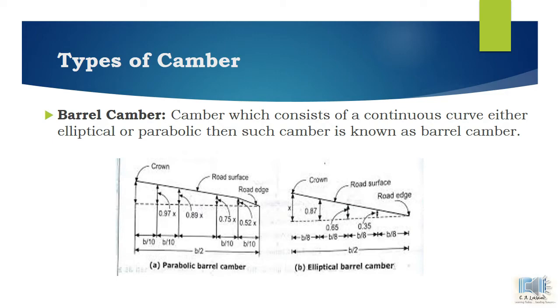Then the next type of camber is barrel camber. So what is barrel camber? The camber which consists of a continuous curve, either elliptical or parabolic, is called barrel camber.